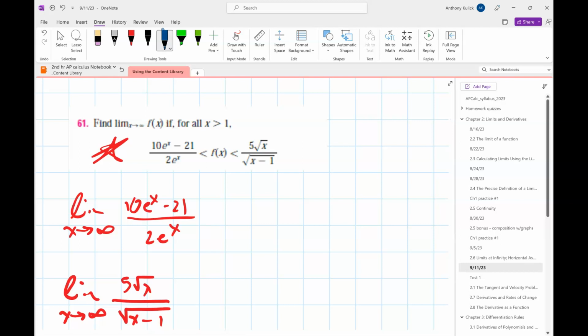So if I look at the left-hand side, what do we want to do here?